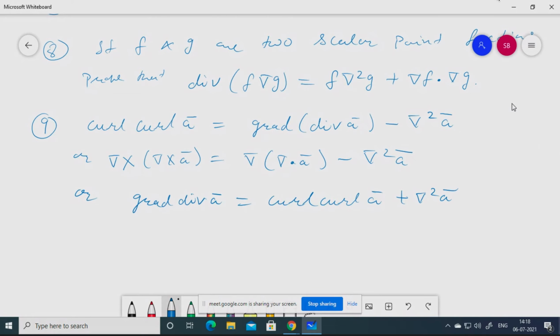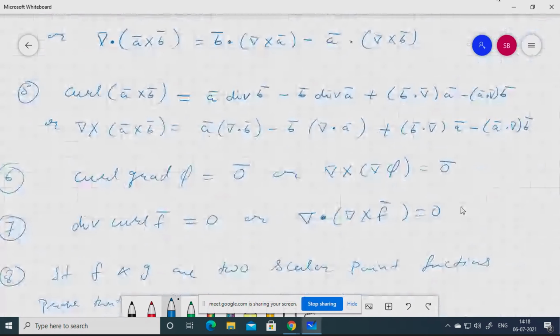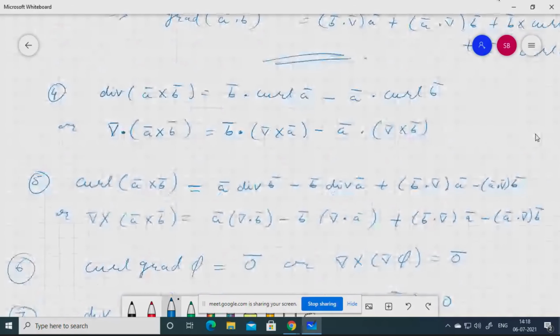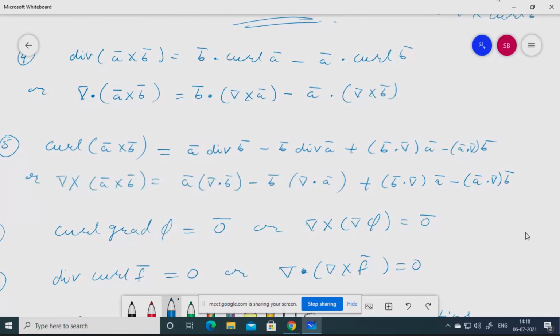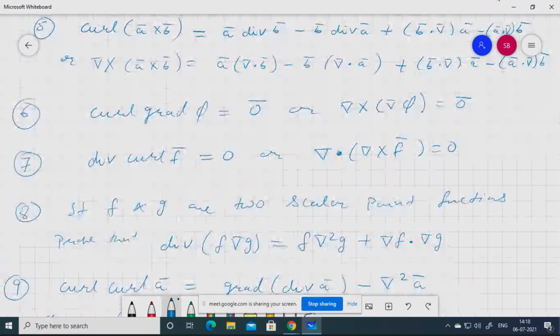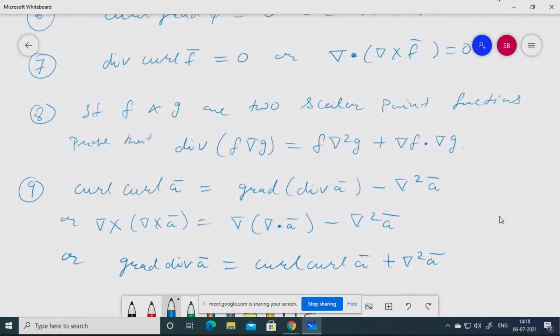We have enough time. With this, your fourth unit will be done. So, which one are you trying? Written all 9. Yes, ma'am. So do you want to try it now, or later you will try, and tomorrow you will tell me the result whether you are able to prove all these 9 or not.